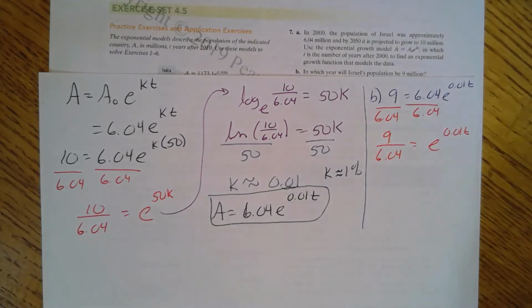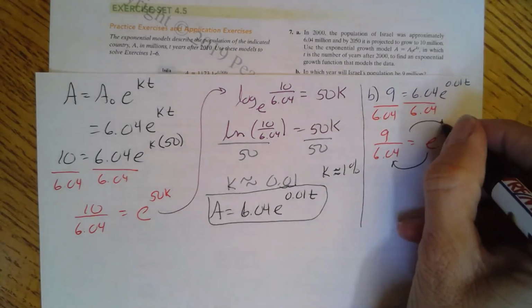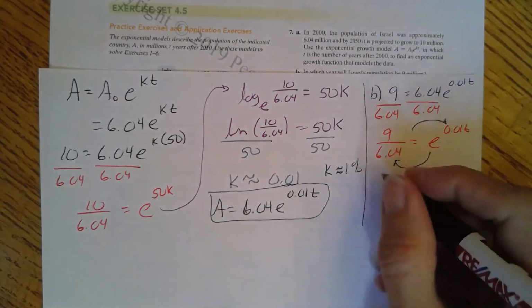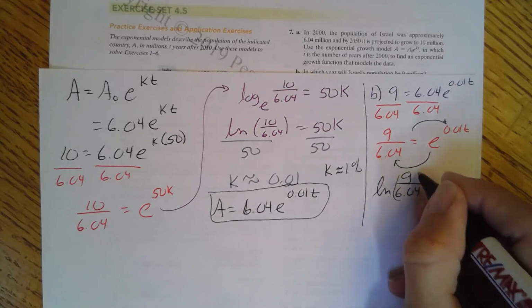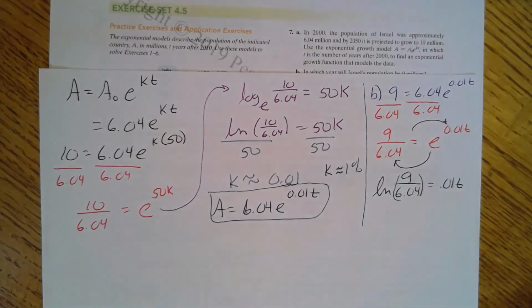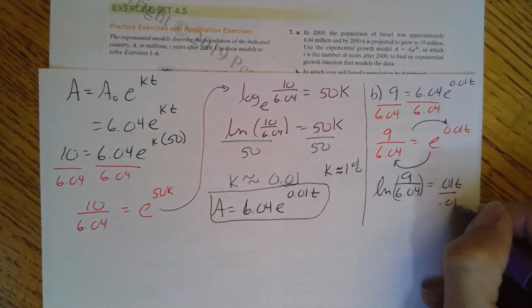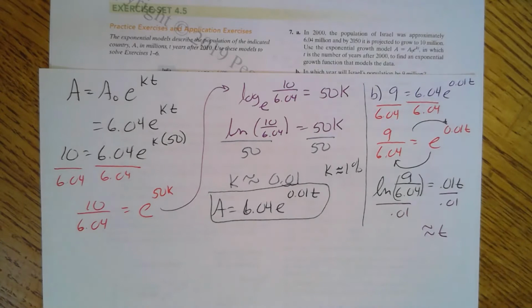Then we're going to do the circle, which says log base e of that equals that exponent. I'm not going to put log base e anymore, I'm just going to put ln. So ln of 9 divided by 6.04 equals 0.01t. And then just to get t by itself, I'll divide by 0.01. So when will our population be 9 million?